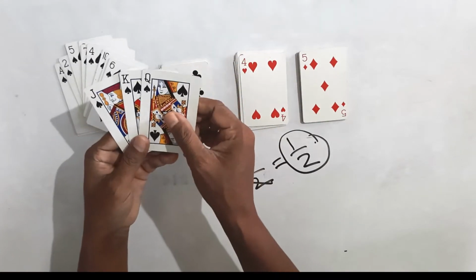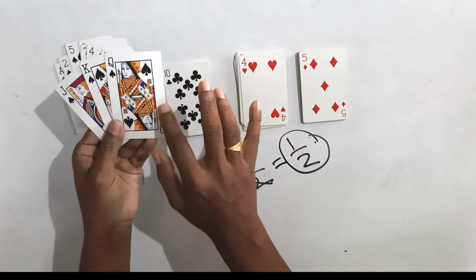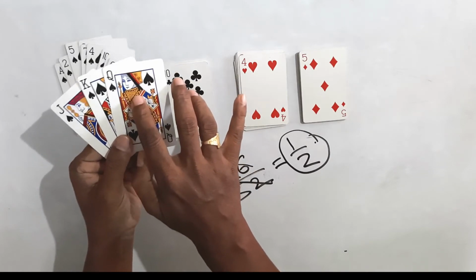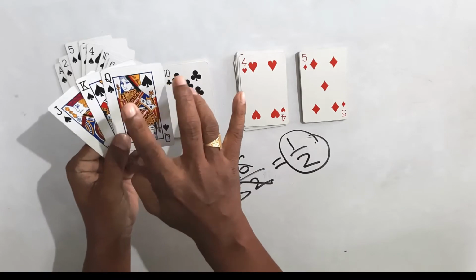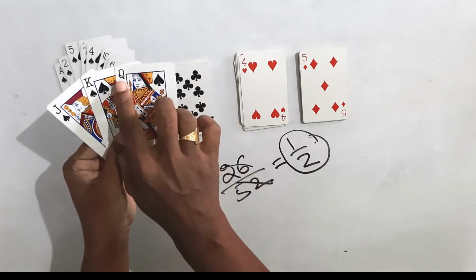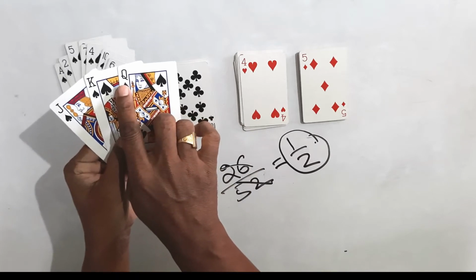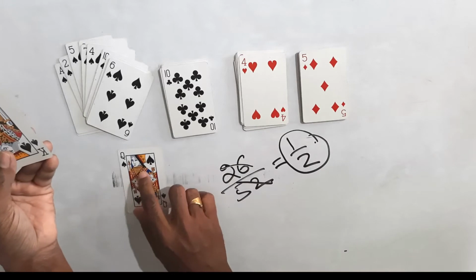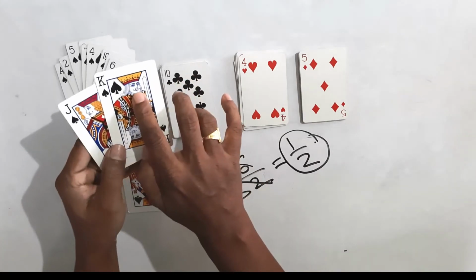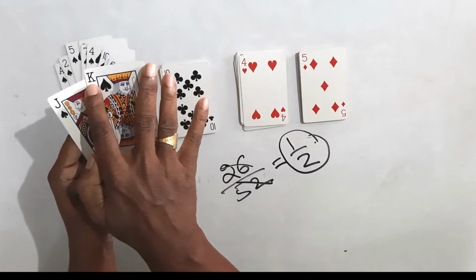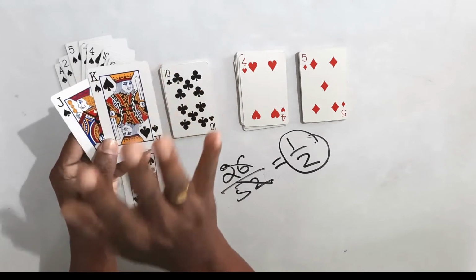Now look at this picture. This is the picture of a queen. So there is a face. This is also known as a face card, and this card is known as queen, and it is represented by the symbol Q. Now this is the face of a king, and this card is represented by K. K stands for king.